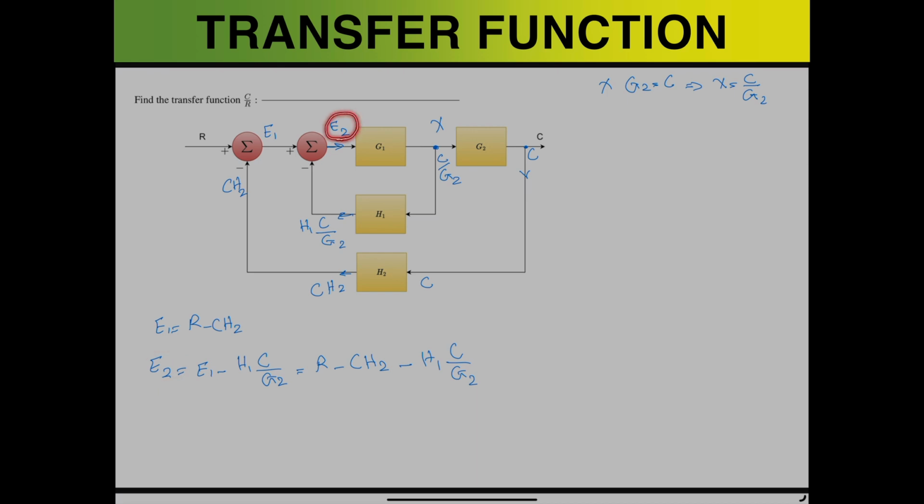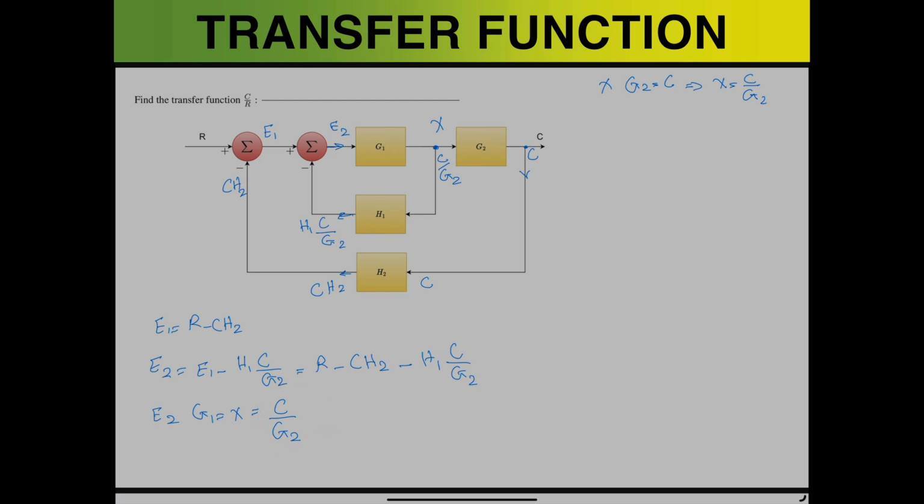E2 is then multiplied by G1 to result in X. So E2 times G1 becomes X. However, we already knew that X is related to the output as follows: X is C over G2. So I'm going to simplify that right away. Now I know that E2 is represented with respect to the output.